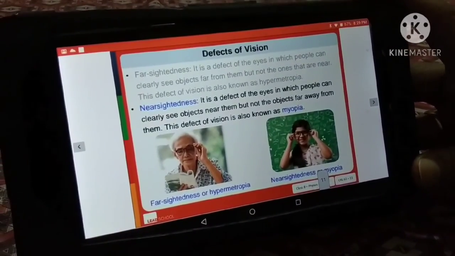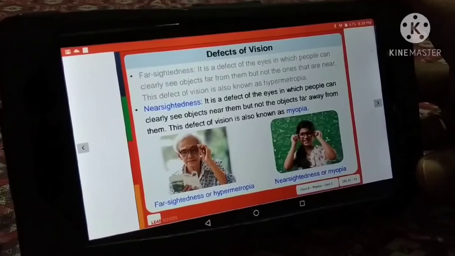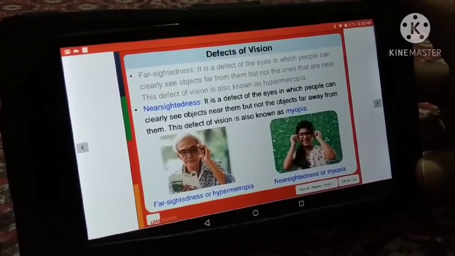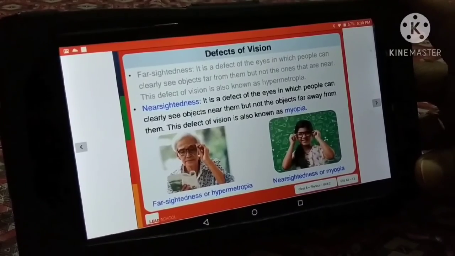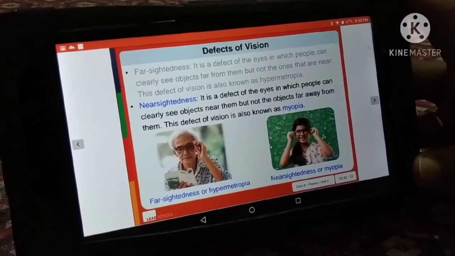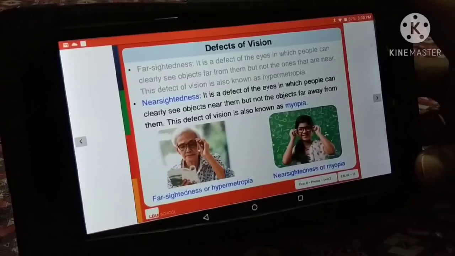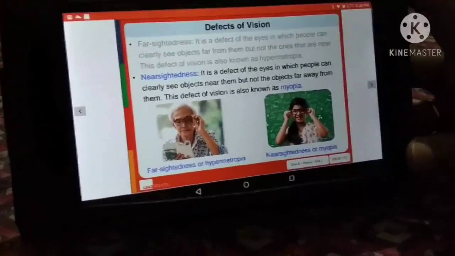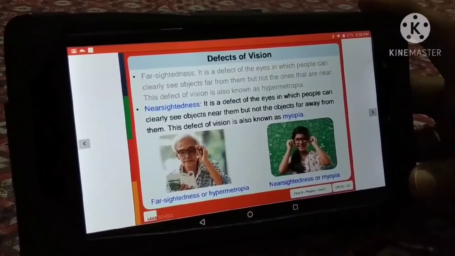This defect of vision is known as nearsightedness. It is a defect of the eyes in which people can clearly see objects near them but not the objects that are far away from them. This defect of vision is also known as myopia.